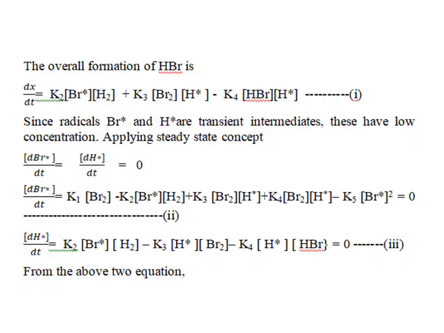Now d[Br*]/dt is equal to k1[Br2] minus k2[Br*][H2] concentration plus k3[Br2][H*] plus k4[Br2][H*] minus k5[Br*]². This is equal to 0. This is equation number 2.